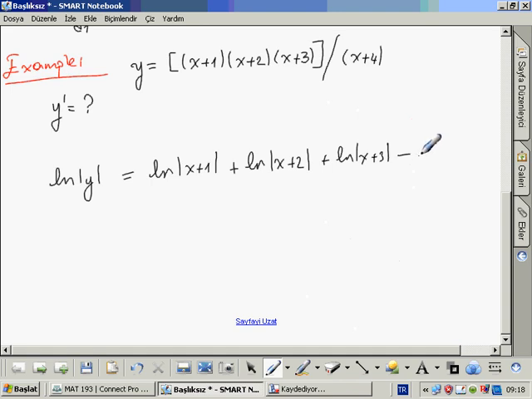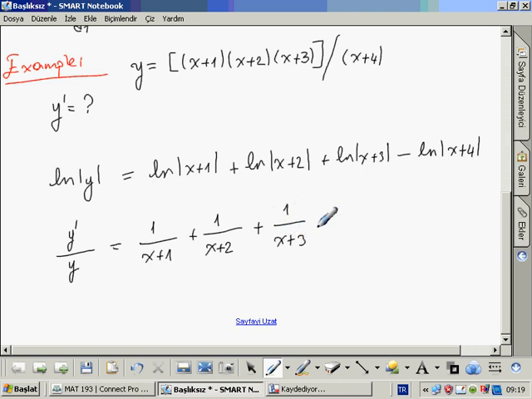Then take the derivatives of both sides and you will obtain y prime over y, which equals 1 over x plus 1, plus 1 over x plus 2, plus 1 over x plus 3, minus 1 over x plus 4, right?